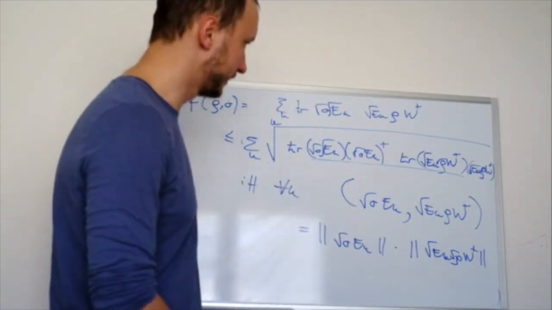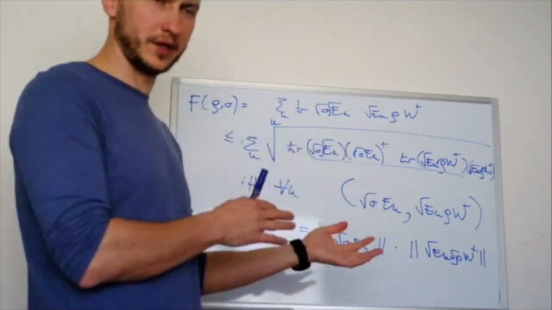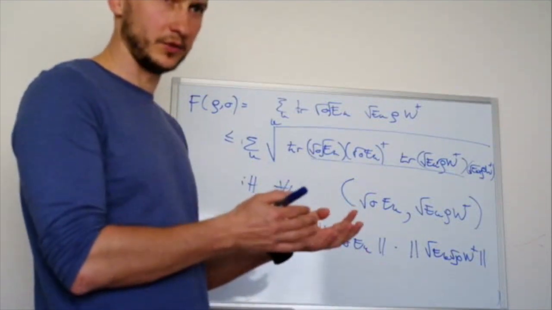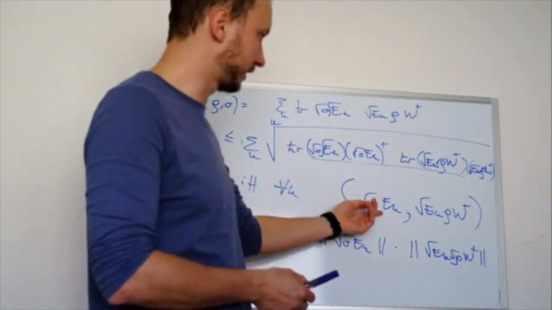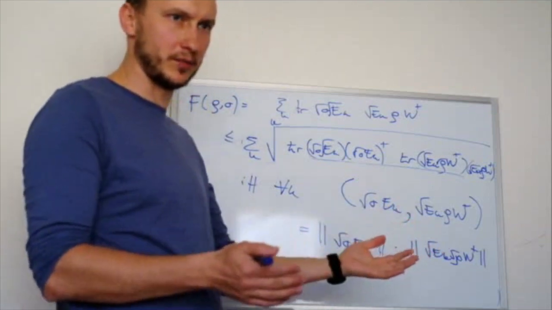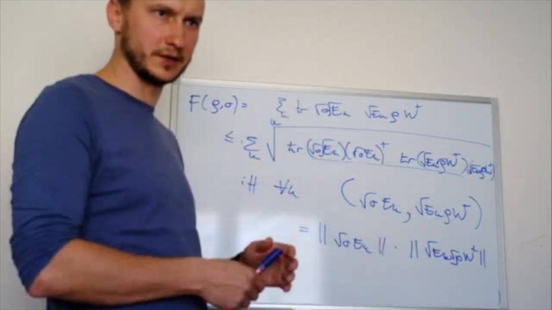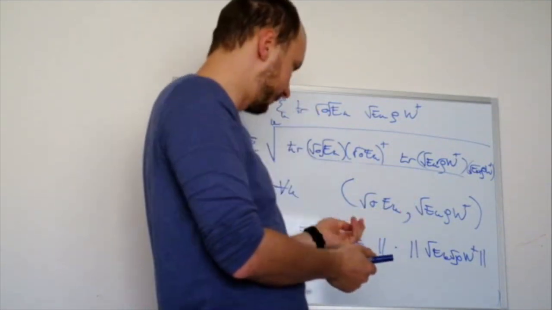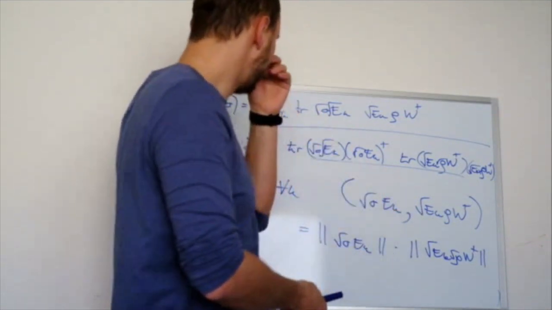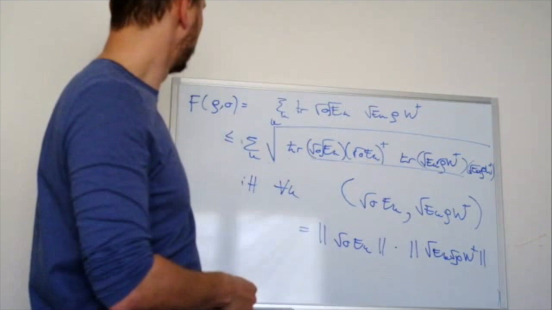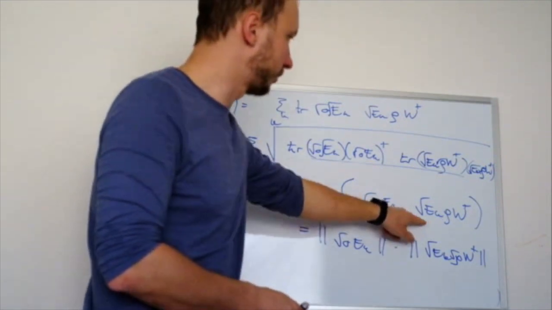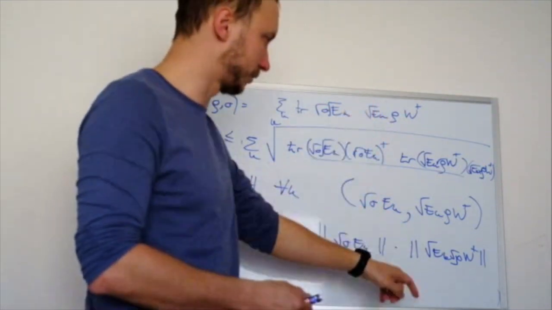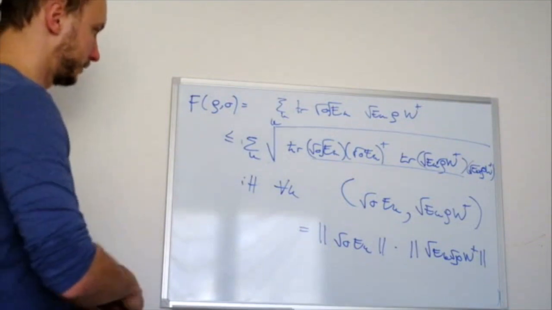So it's the same thing here. In other words, this equality can only be satisfied if, I mean, you can map it to your vector representation, because you can expand all these operators in some operator basis, a Hilbert-Schmidt orthonormal basis, like the Pauli basis, for example. That will really just be vectors with complex coefficients, and the scalar product of the vectors has to be equal to the product of the norms.